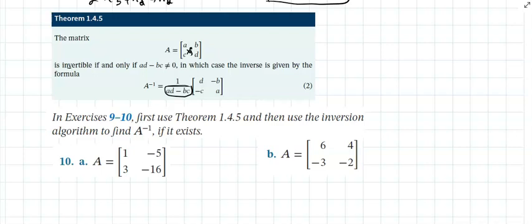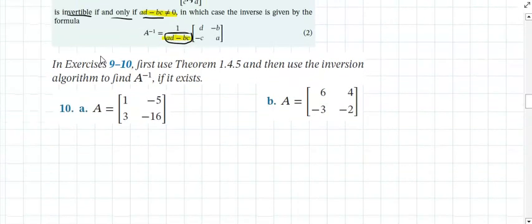The matrix is invertible if and only if this denominator does not equal 0. If it equals 0, this is not invertible. You can't find an inverse. Recall?